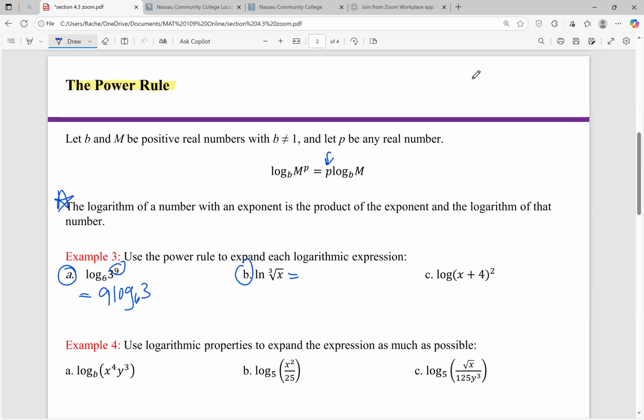Now, whenever I see a radical within a log statement, I try to write the radical using an exponent. So the third root of x is the same thing as x to the 1/3. They're equivalent, right? We learned that in chapter P. So now I could use my power rule. So that exponent 1/3 comes to the front by multiplication, and it becomes 1/3 times the natural log of x.